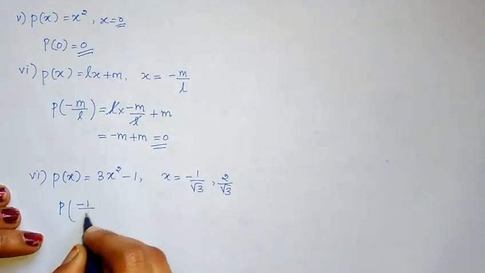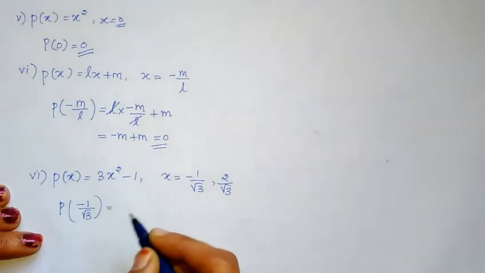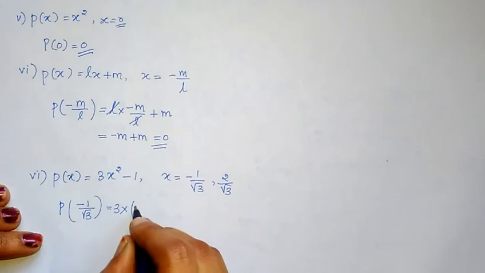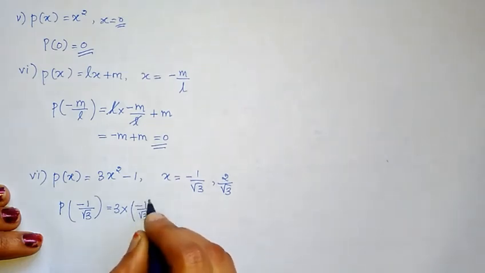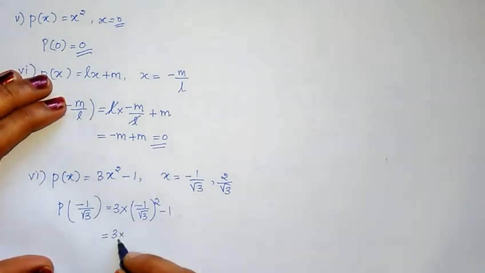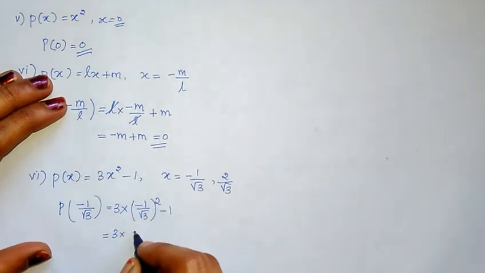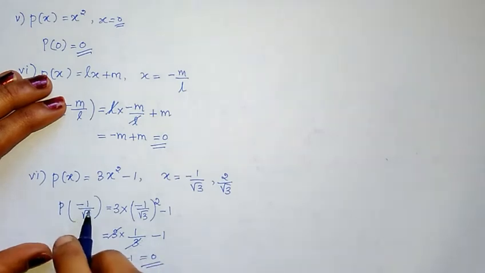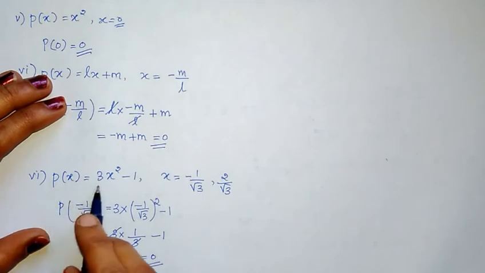So p of minus 1 by root 3 equal to 3 into minus 1 by root 3 the whole square minus 1, which is equal to 3 into minus 1 square is minus 1 into minus 1 plus 1 by root 3 into root 3 is 3 minus 1. 3 get cancelled, remaining 1 minus 1, which is equal to 0. So minus 1 by root 3 is a 0 of this polynomial.